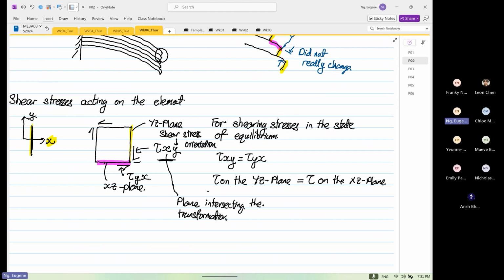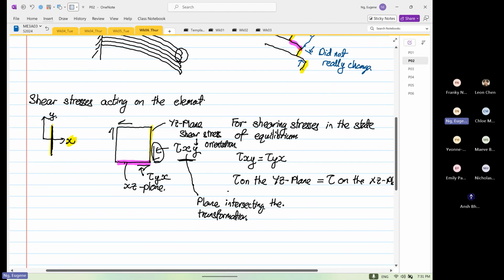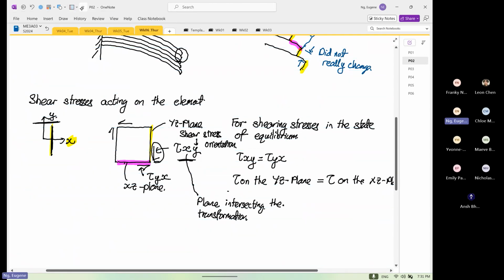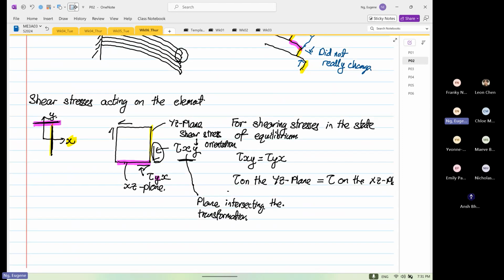So the shear stress orientation is pointing in the y-axis. If you look at the shear yx, the intersecting plane now is horizontal. The plane intersects the transformation about the y-axis. So that's why this is y, and the shear stress is flowing in the x direction.